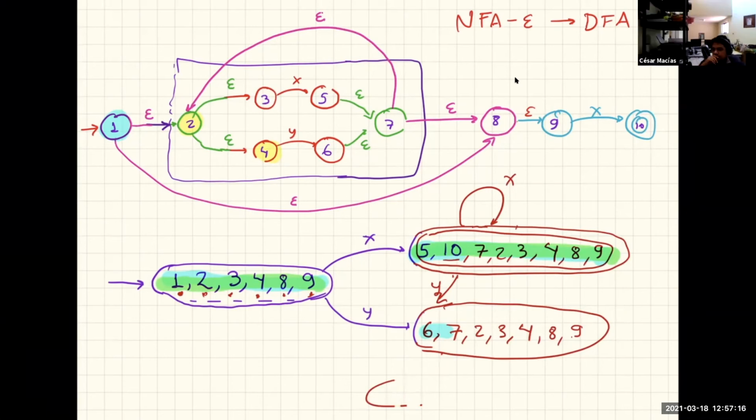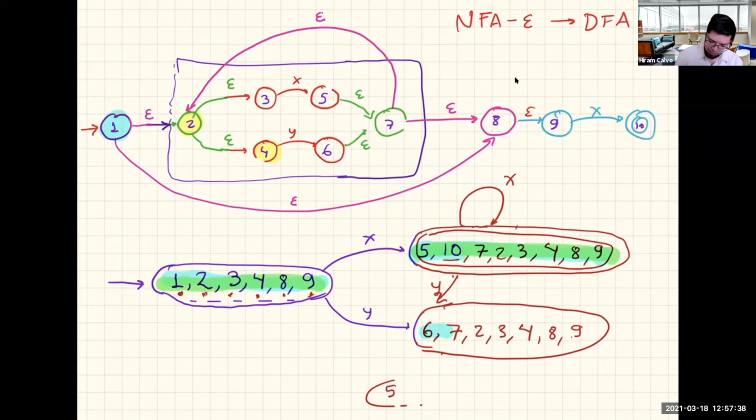So let's write again. Sorry, 6 and X, nothing, 7 and X, nothing, 2 and X, nothing, but 3 and X goes to 5, as you correctly pointed. Thank you. And 4 and X, nothing, 8 and X, nothing, and 9 and X, 10.